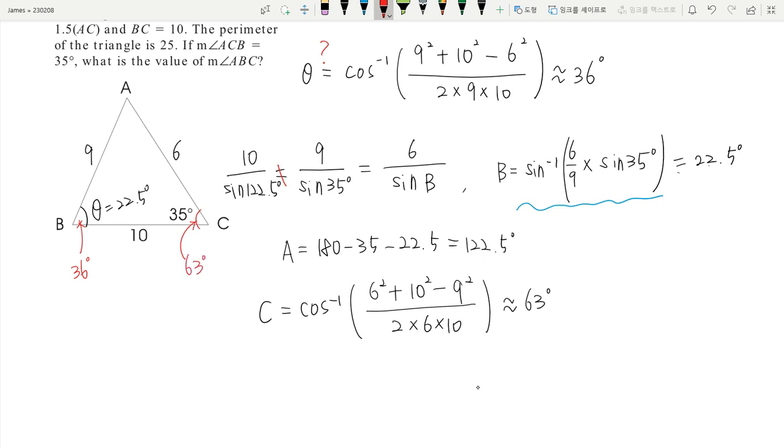In such a case, the A will be 81 degrees.